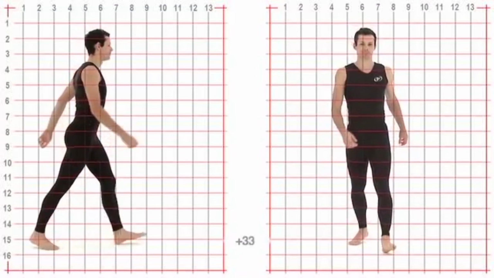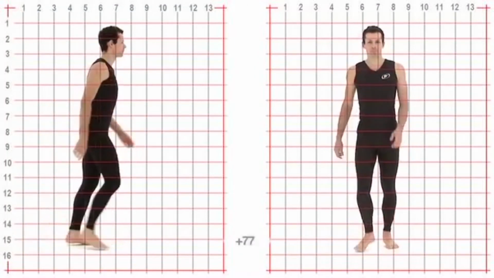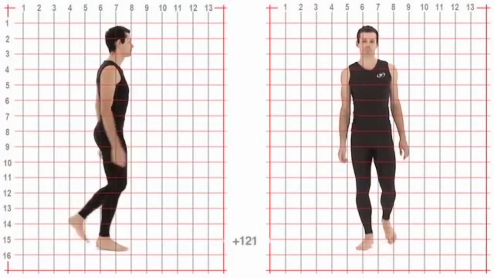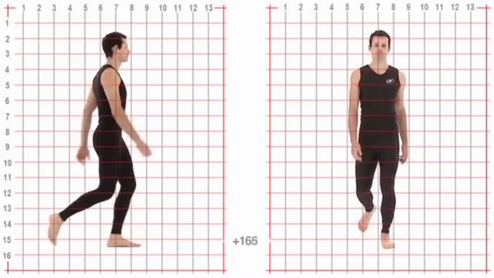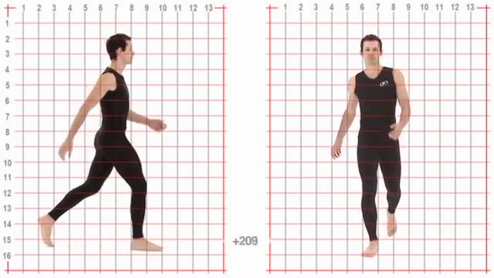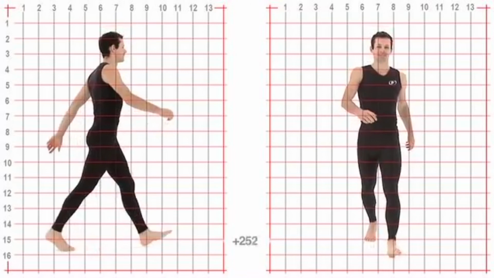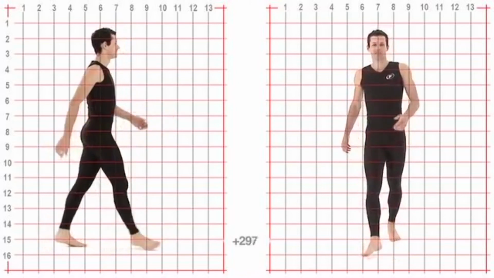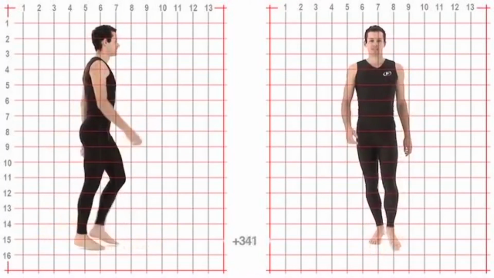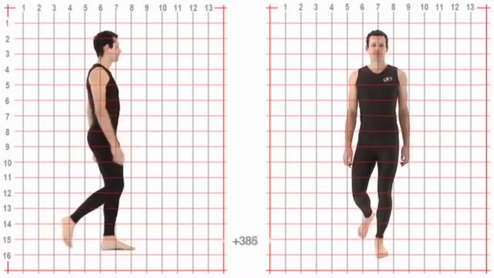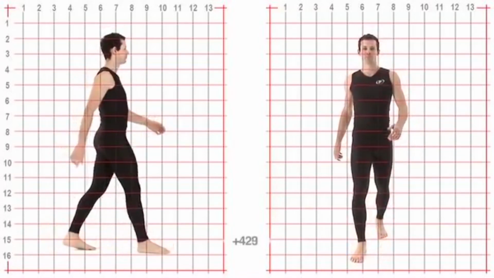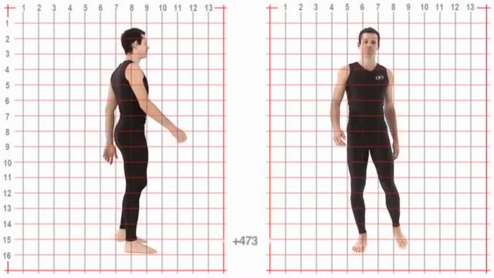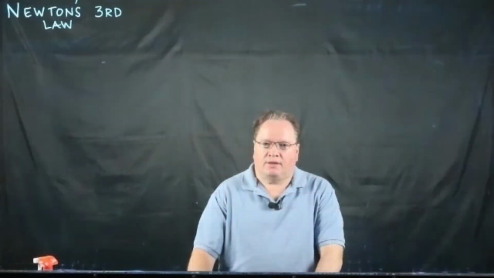And finally, the last example is simply you walking. When you think about walking across the ground, you don't apply a force to yourself to move forward. You basically push backward. Think about walking, you're pushing backward on the ground. It is that reaction force that moves you forward. So the ground applies a force to you.